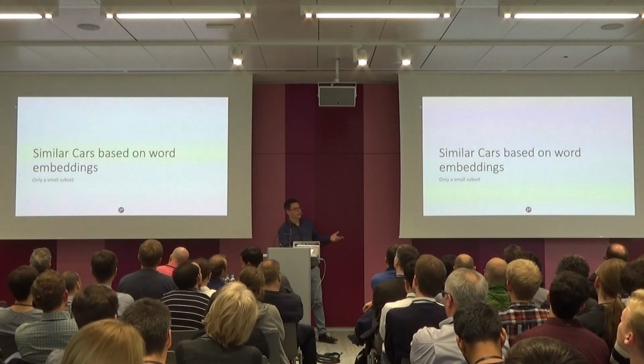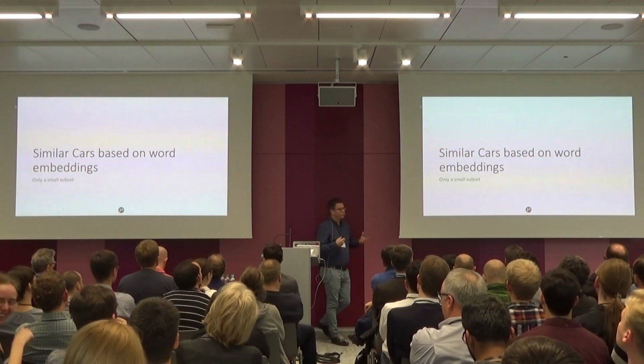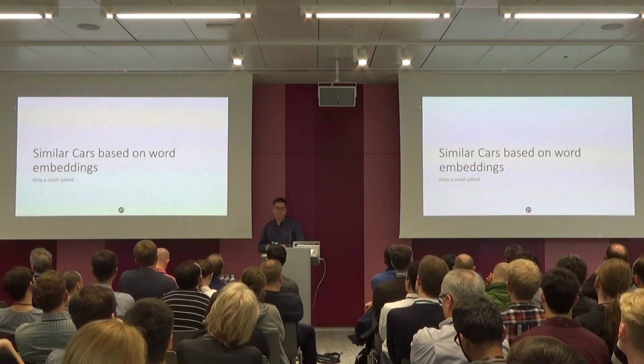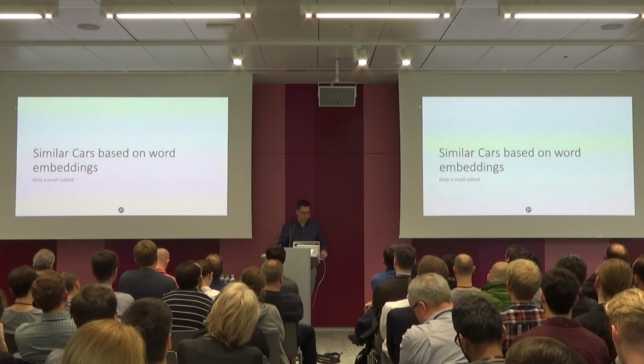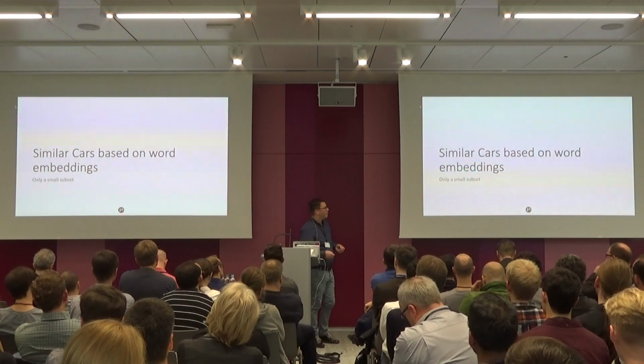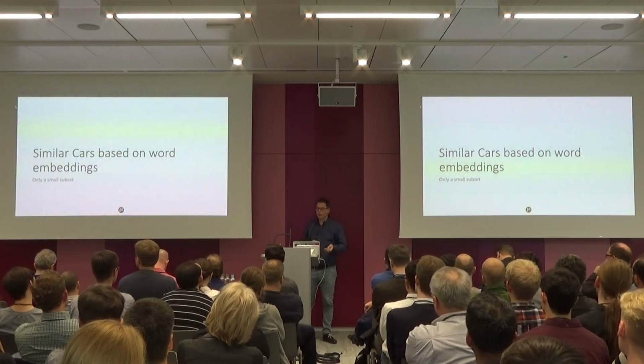And here, again, I did the same. I created a small subset of selected make and models, and then looked in the whole set of every model for the most similar ones, with one exception.